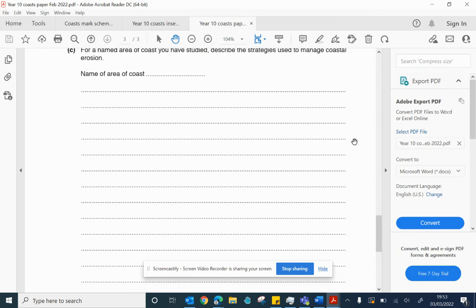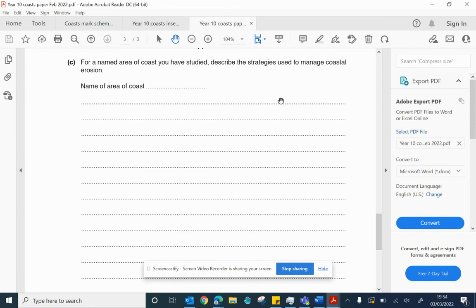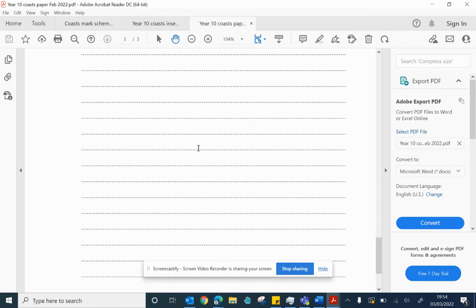Something like that, or create a barrier between the land and the sea to protect that land from destructive waves. So all we're doing here is writing down 4 or 5 locations, what coastal management has been used, and a little bit about that coastal management. Nothing too detailed. If you do that, you're going to pick up 7 marks for this case study.